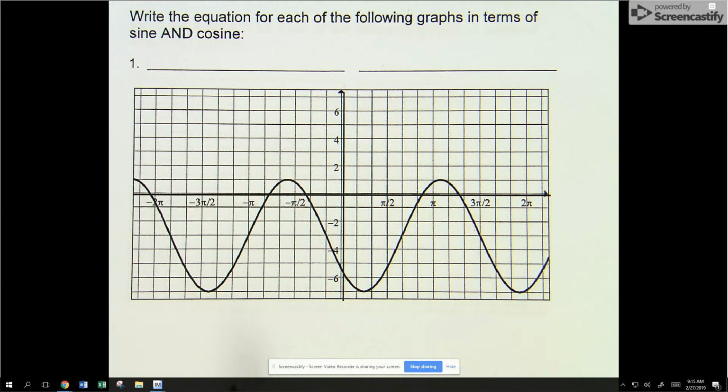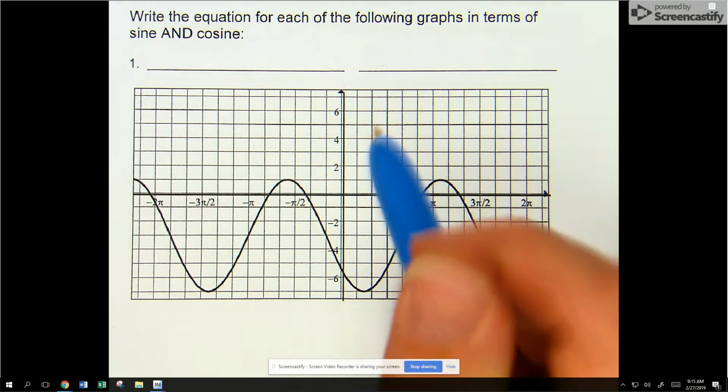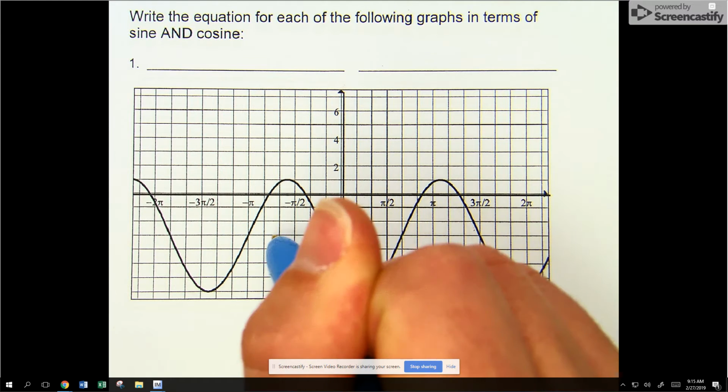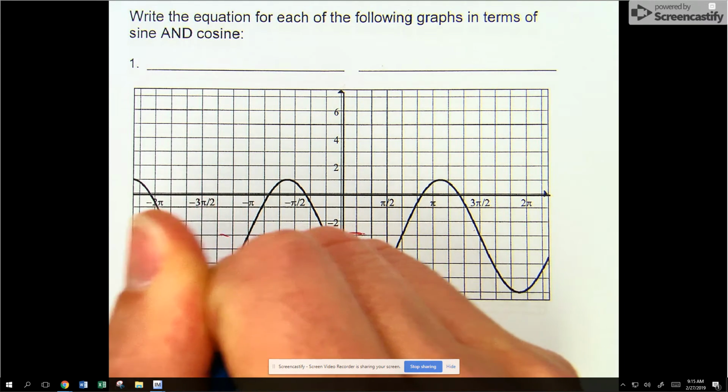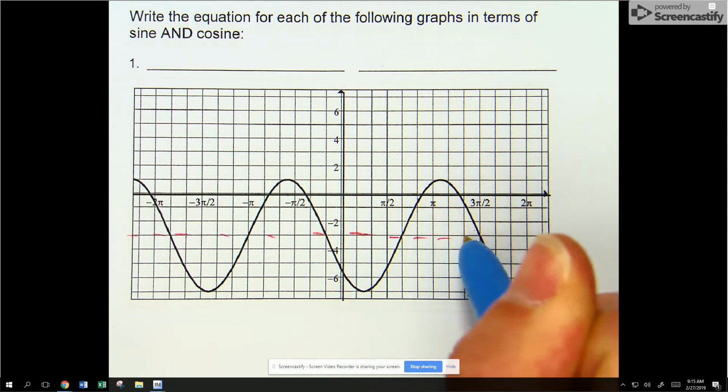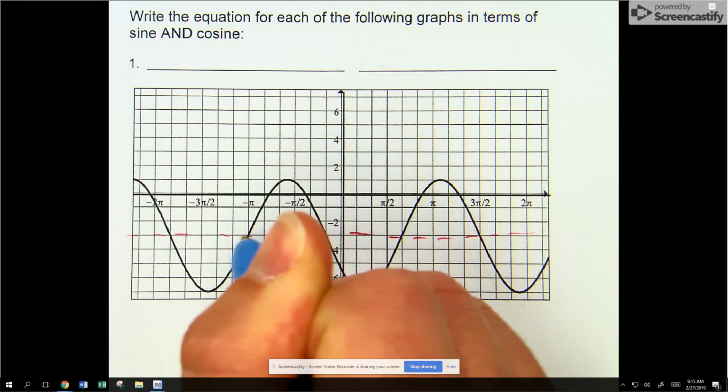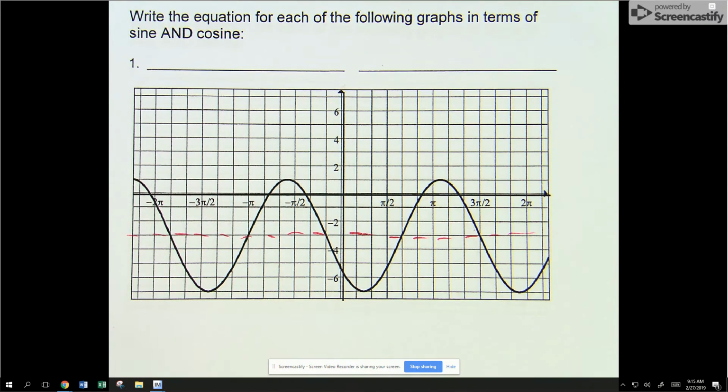All right. Since it's 8, half of that is 4. So we go up 4 from the bottom or 4 from the top. 1, 2, 3, 4. So our center line is going to be where? -3. All right, so that's just our center line right there.